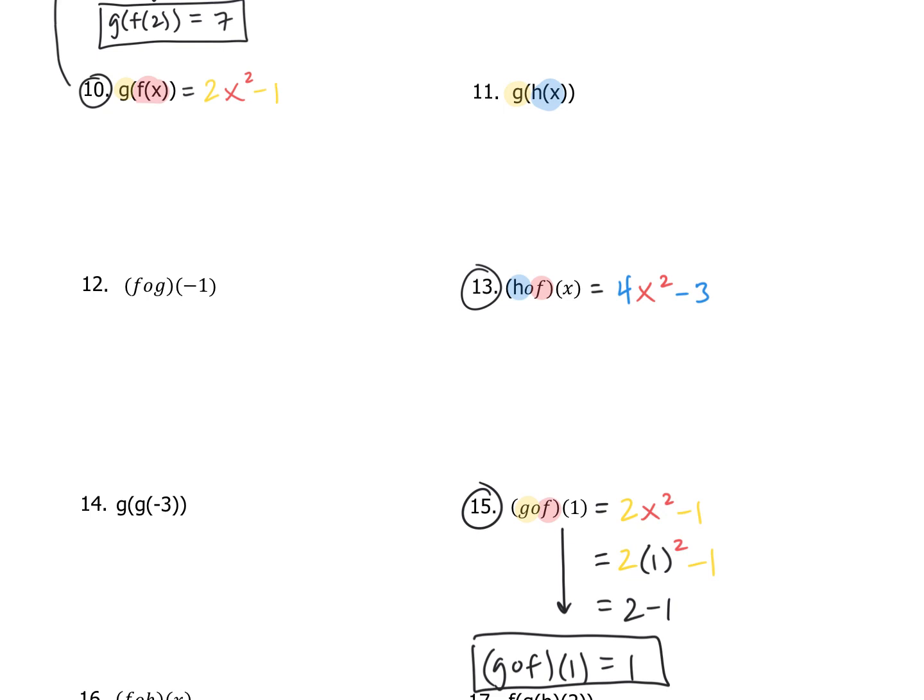When I write this down, my function g of x is 2x minus 1. Instead of having x there, I have to now put whatever I get for h of x.